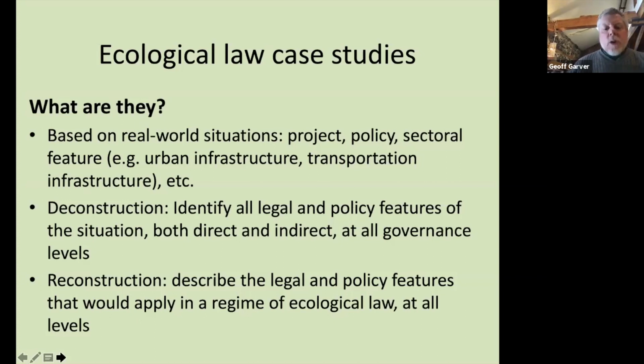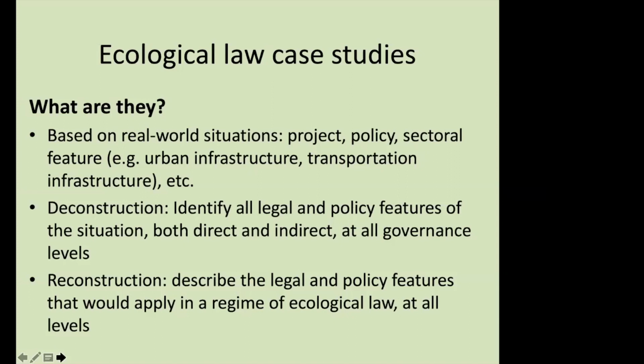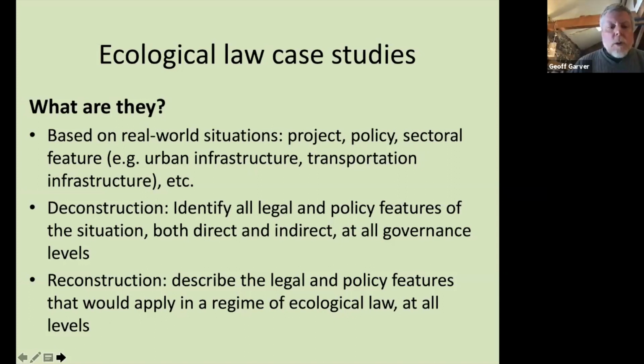And then after analyzing what's going on there, the second main part of these studies would be to reconstruct this situation under a regime of ecological law. So that would involve describing all of the legal and policy features that would apply if we had a fully built, or maybe a transitional system of ecological law, and again at all levels from the local to the global.